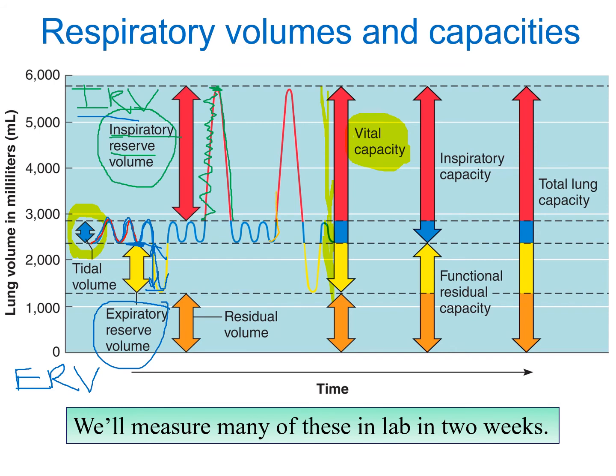Take a big, big inhalation. That's what's going on here with the orange arrow. Take as much air in as you possibly can before you have to exhale, and when you do exhale, don't stop. Keep pushing, pushing, pushing before you have to inhale again. That's going to be the individual's vital capacity.